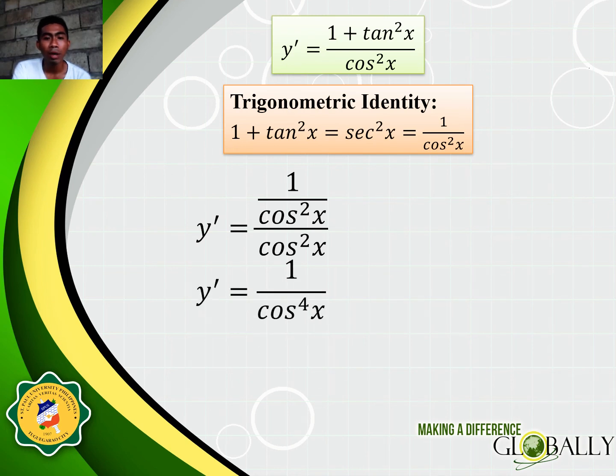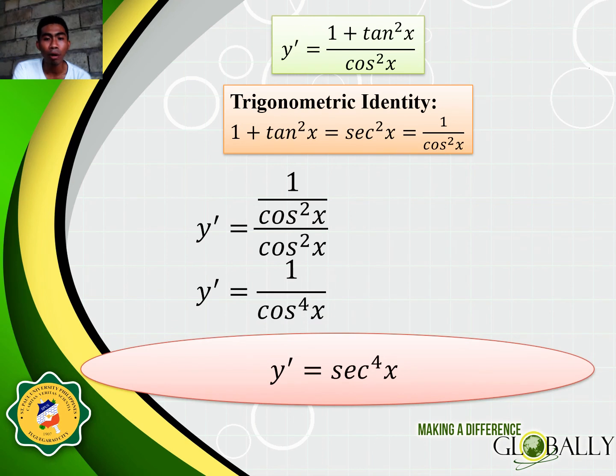Y prime equals 1 over cosine raised to the fourth power x. Therefore, the derivative of y is secant raised to the fourth power x.